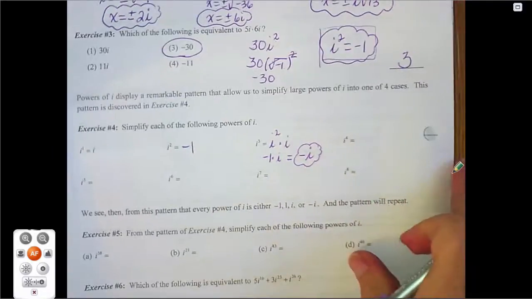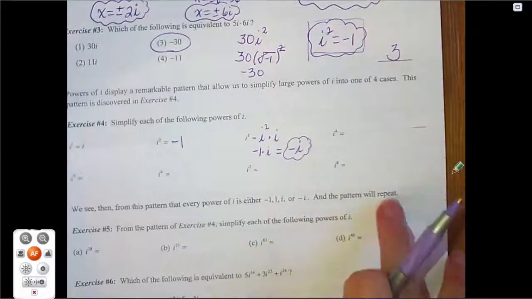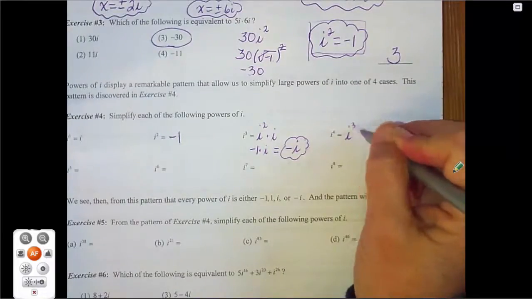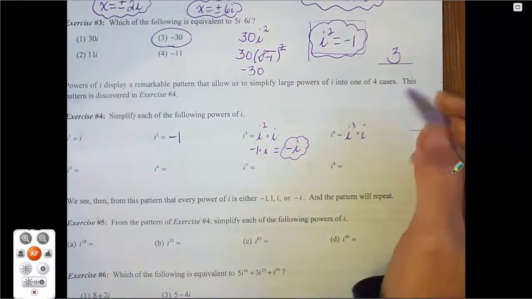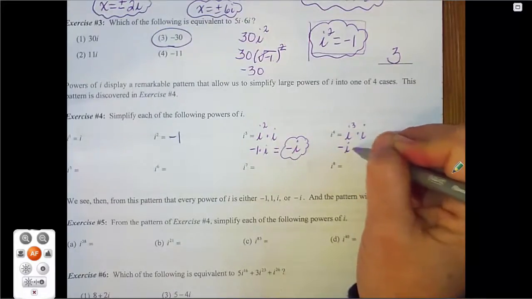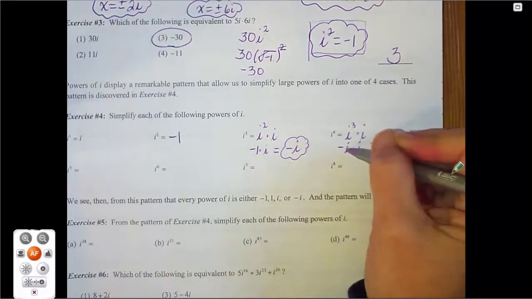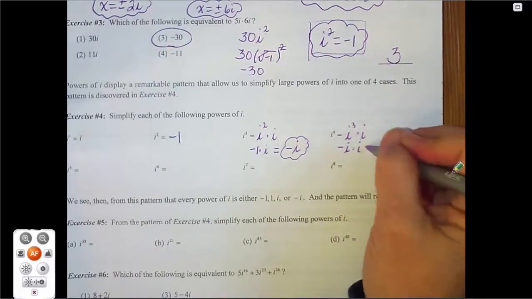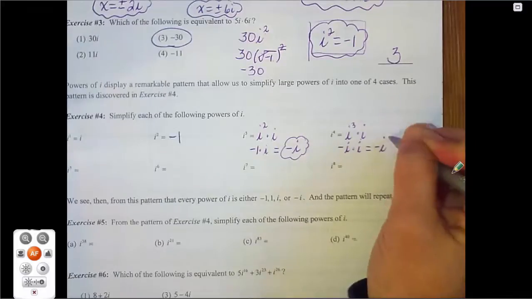Let's try i to the fourth. Well, we could think of i to the fourth as i cubed times i. Well, i cubed is negative i times i. A negative i times i would be negative i squared.